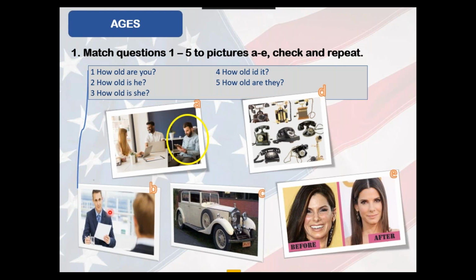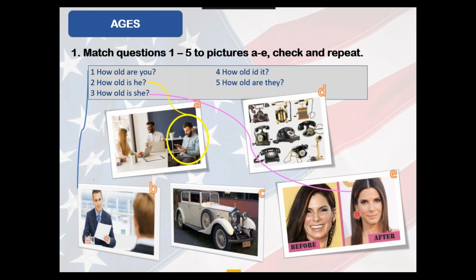How old are you? Another, number 2, how old is he? How old is he? I'm talking about a man. In this case, how old is he? No, this person asked to another. No, how old is he? Right, he. Okay. Next, how old is she? About a woman. Yes, how old is she? We don't know.